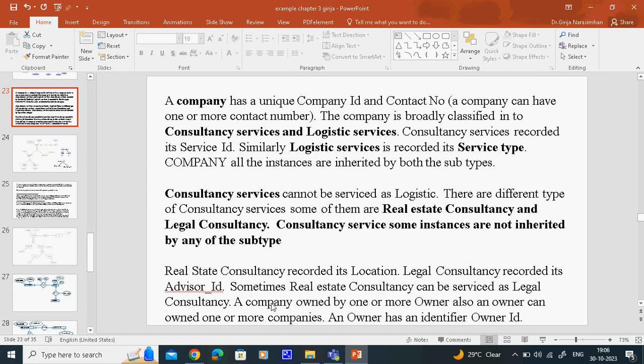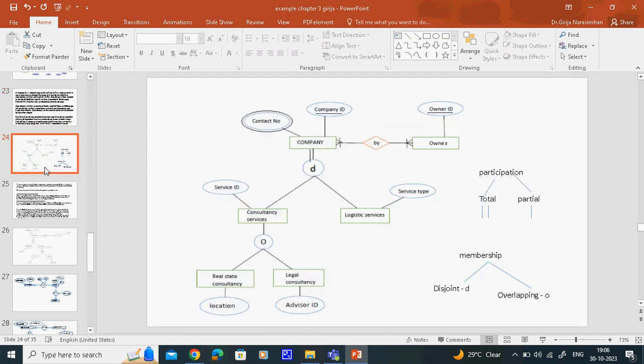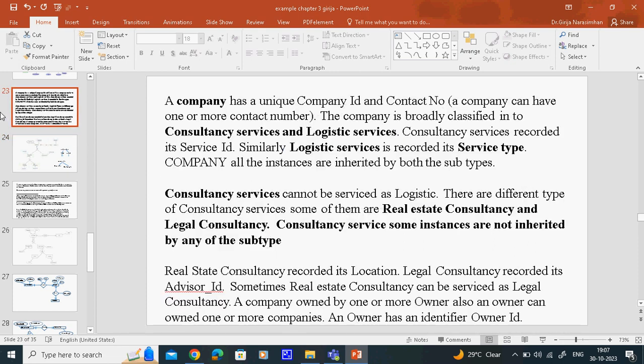A company is owned by one or more owners, and an owner can have one or more companies. This is a normal ER diagram relationship. So the company has one or more owners, and an owner has one or many companies. This is a normal relationship. The owner has an identifier, owner ID.